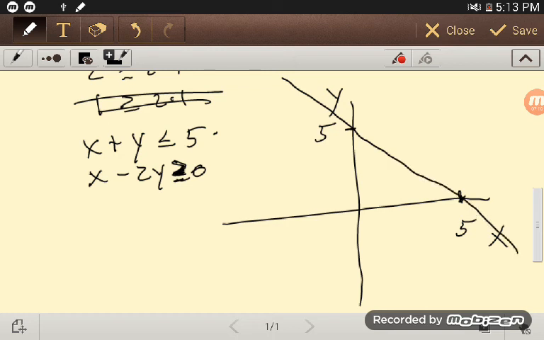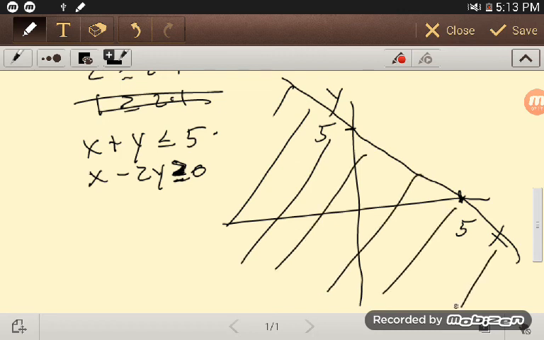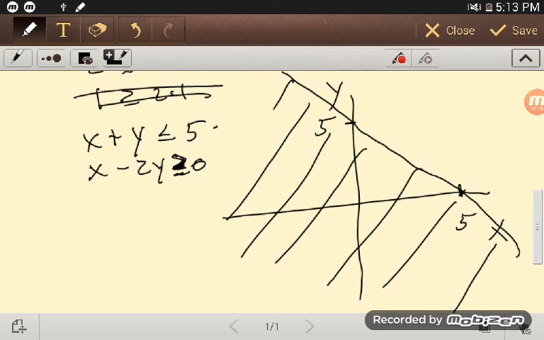And so I have that. And certainly I can be anywhere on this side because 0, 0, if I use 0 of each, that's less than 5 animals. Okay, so there's the first one. Now, here I have x minus 2y equals 0. Well, again, that's going to go through 0, 0.